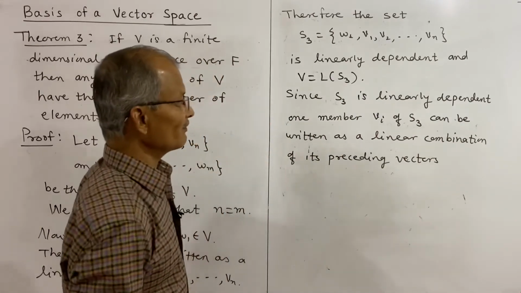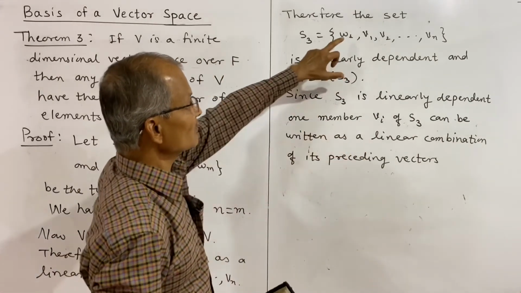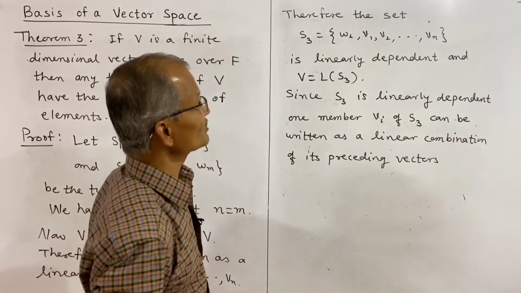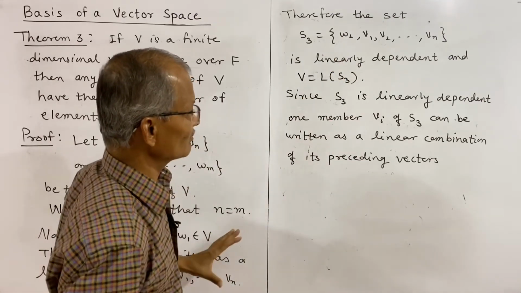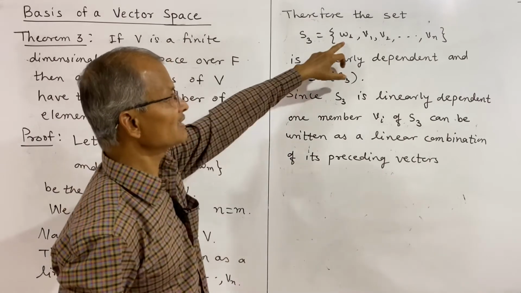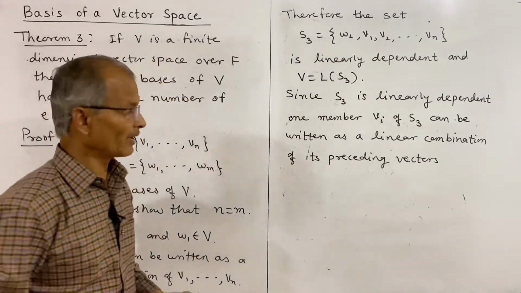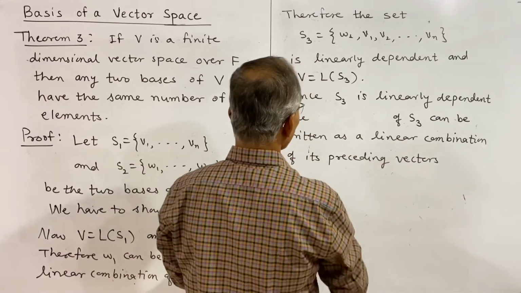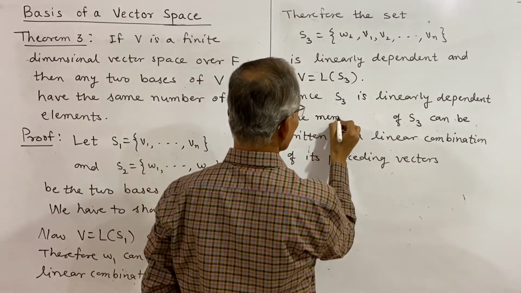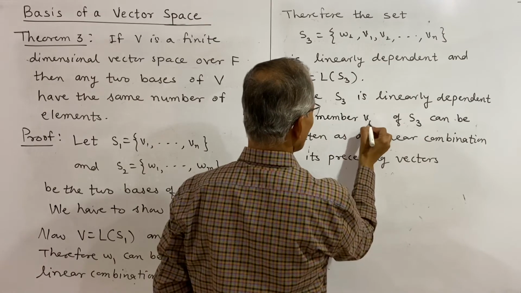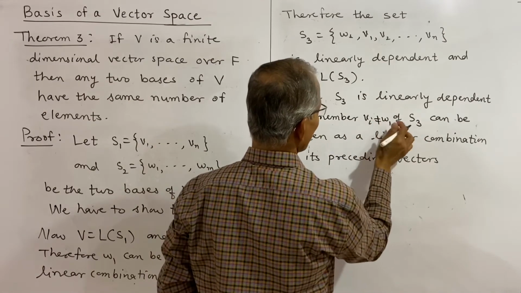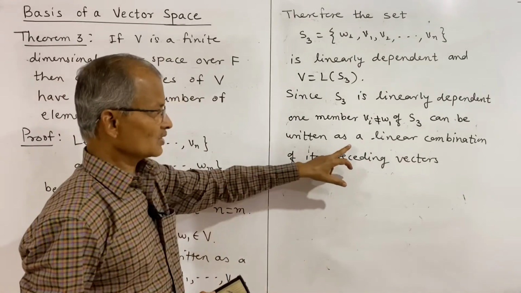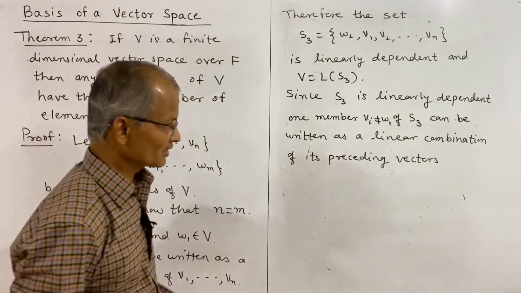What will be the preceding vectors of Vi? See, Vi is not equal to W1. W1 we should not consider because W1 single will be linearly independent, and therefore one member Vi not equal to W1 of S3 can be written as a linear combination of its preceding vectors.